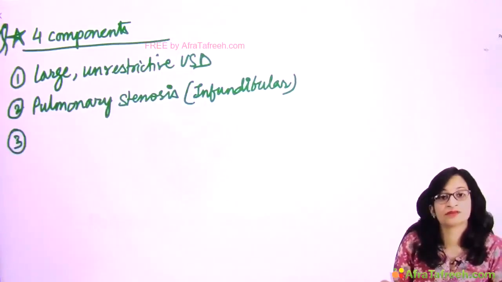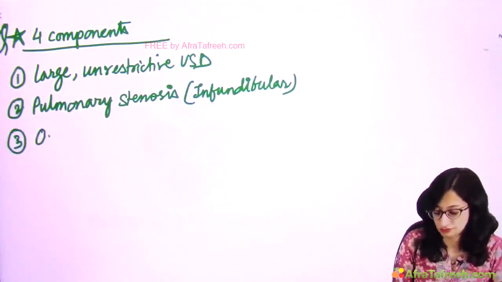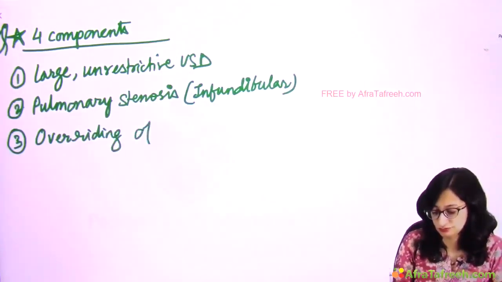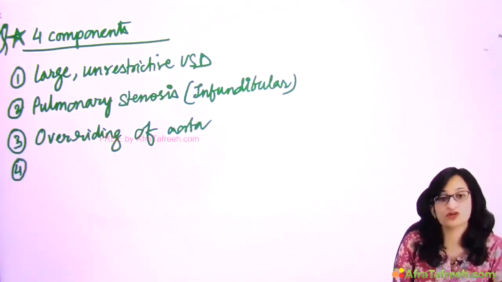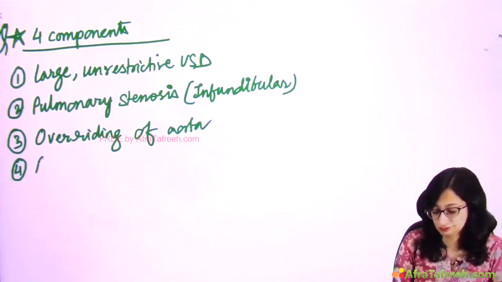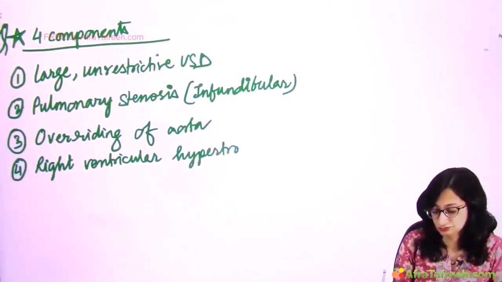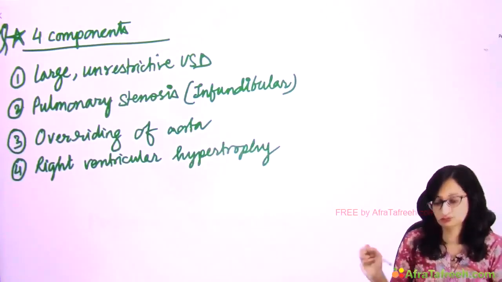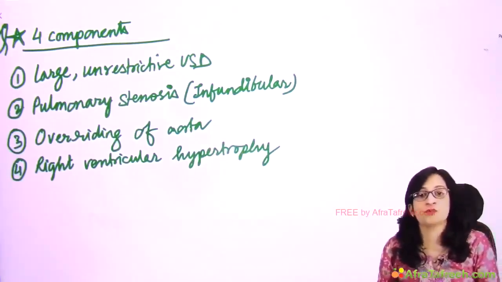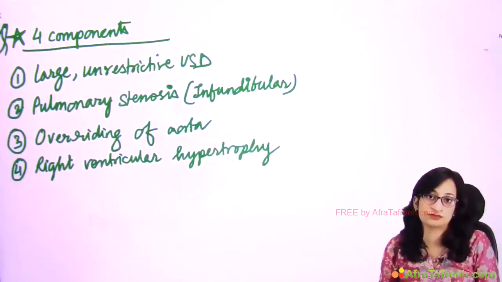Another component is overriding of aorta, and right ventricular hypertrophy. So these are the 4 components of Tetralogy of Fallot.